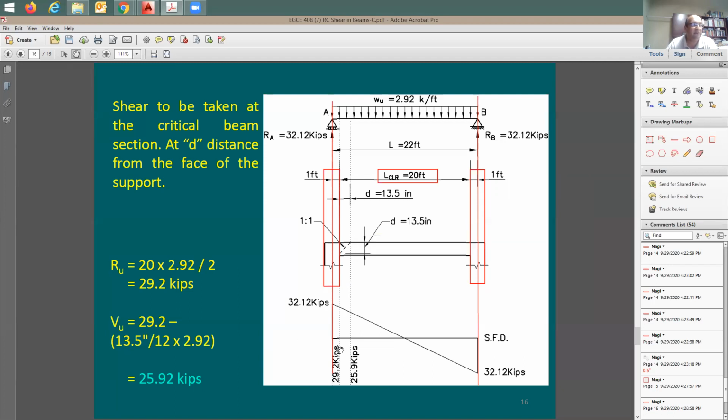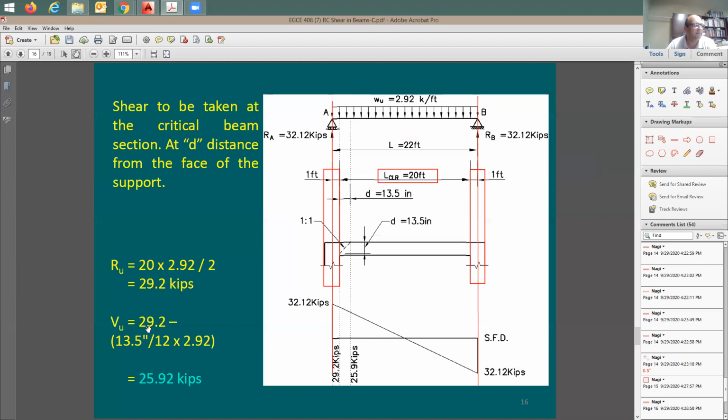Now I should be able to draw the shear diagram. Usually when you draw the shear diagram, you draw it from the center line to the center line. This is the way we're used to. So to figure out the reaction on each side of this beam, the reaction is going to be equal to the total load, 2.92, times the span, 22 feet, center to center, divided by 2.